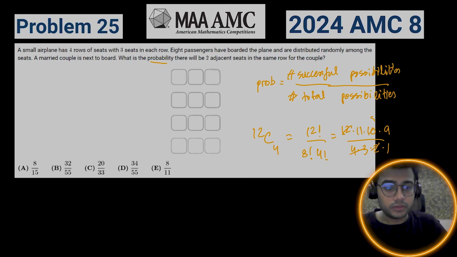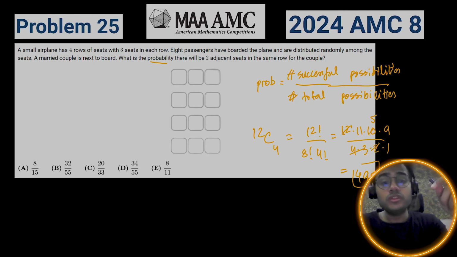That will be 495. So 11 times 5 is 55, 55 times 9 is 495. So we calculated the total number of possibilities.